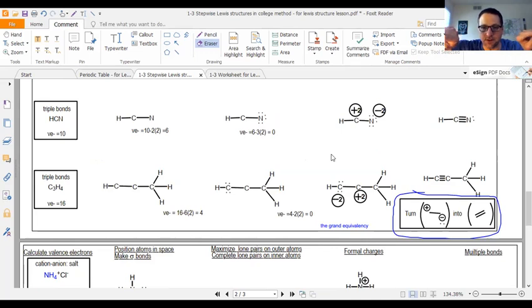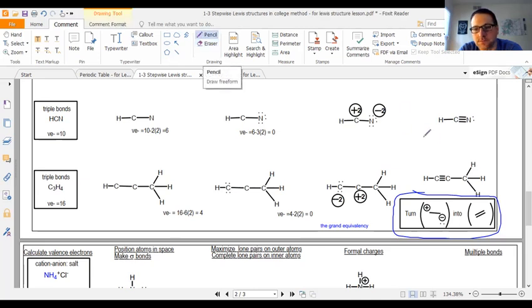In this case, it was 2 oxygens. Another important point, the grand equivalency. If you have a bond, everybody, and you have on one side of the bond an atom with a positive charge, and on the other side of the bond, you have an atom with a negative charge and a lone pair.